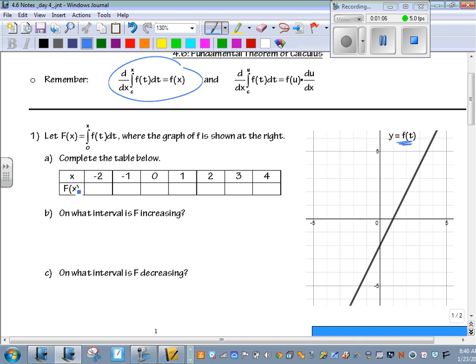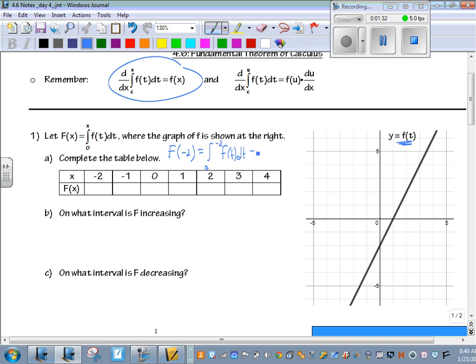So the first one is F of negative 2. Well, that means we're going to do the definite integral from 0 to negative 2 of f of t dt. Which means we're finding the area under the curve from 0 to negative 2, but that's kind of backwards from the way we should be doing it, right? The smaller number should be on the bottom.